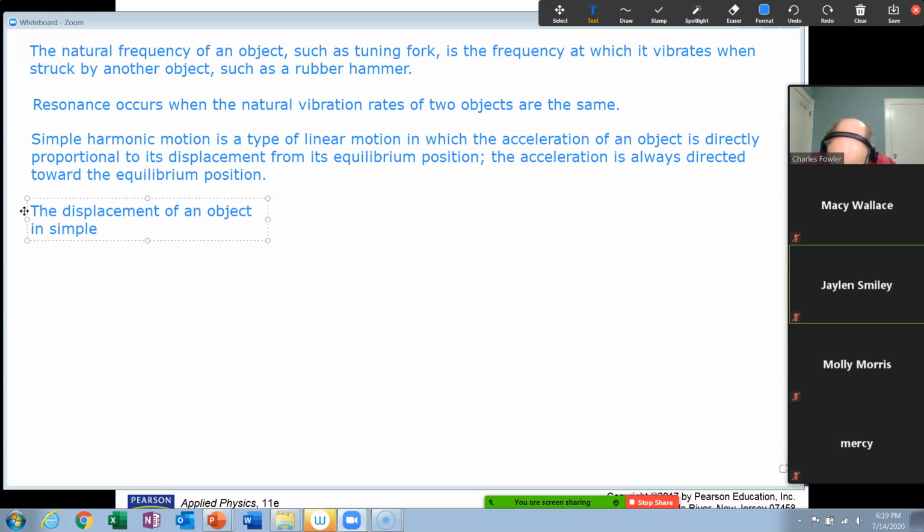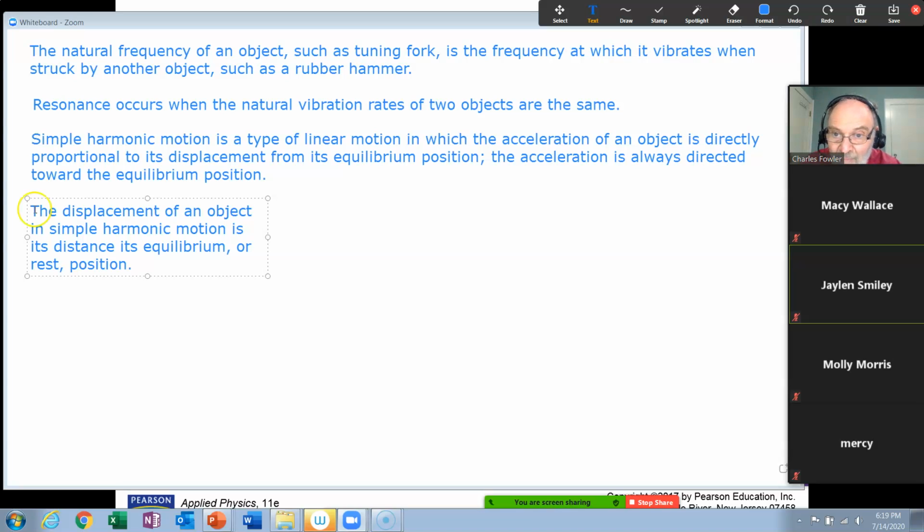Harmonic motion is its distance from the equilibrium or rest position.